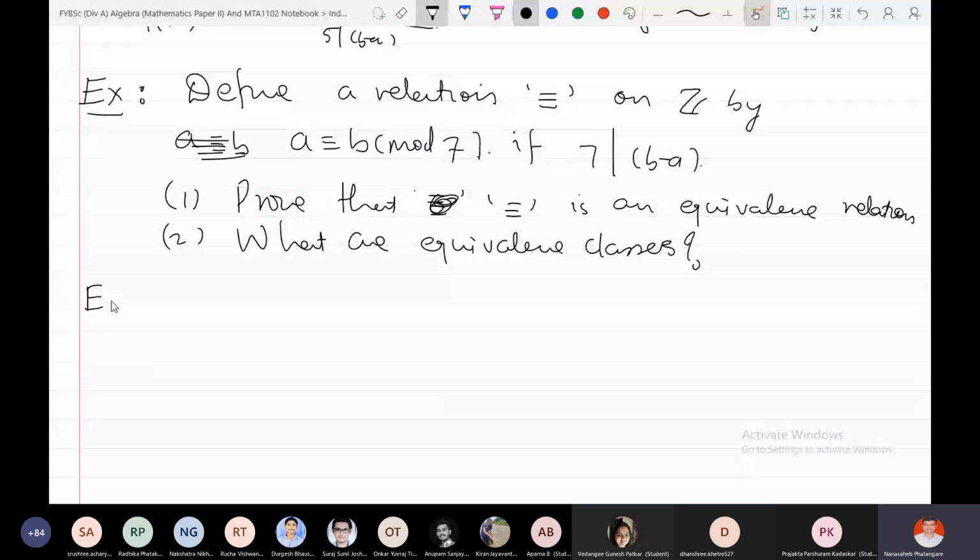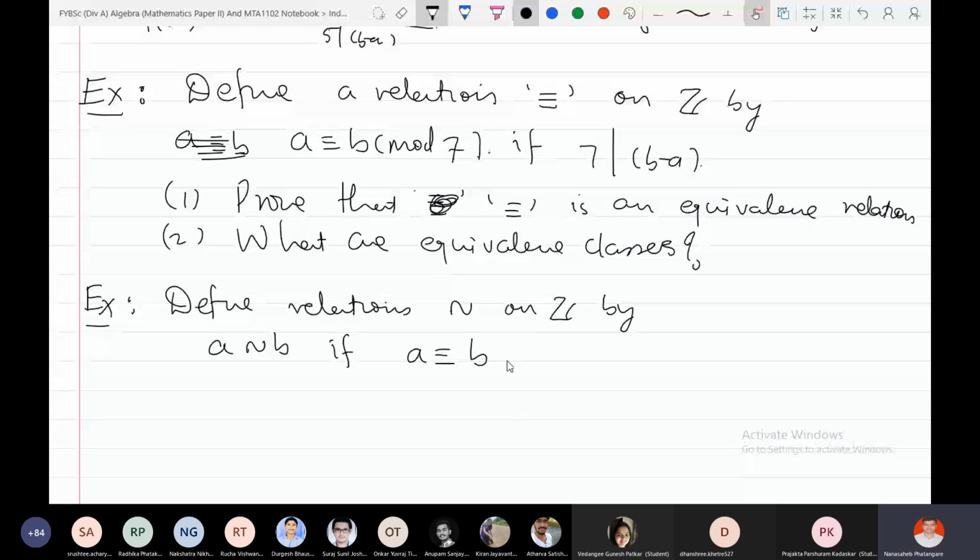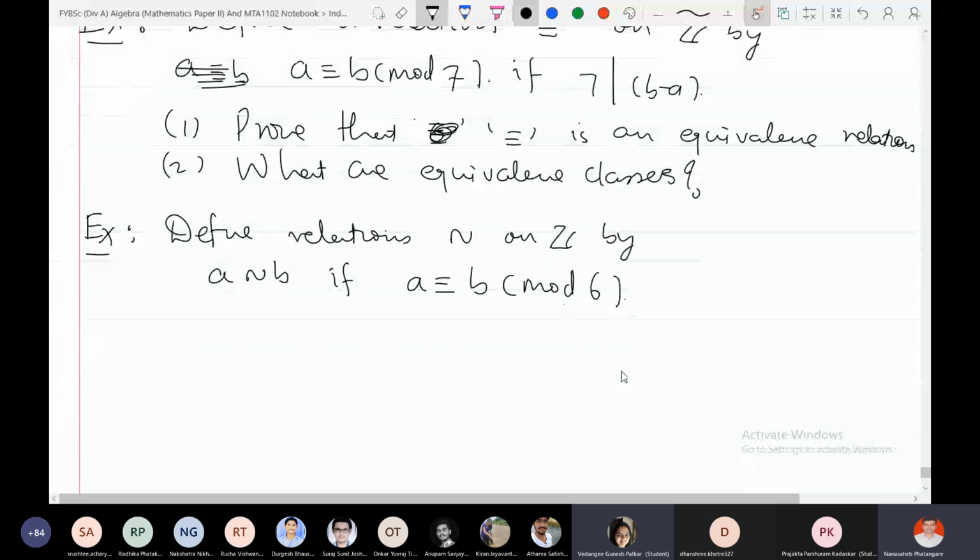Now I will give you one more problem. I will use some different words now. Define a relation tilde on Z by A related to B if A congruent to B modulo 6. Because now I understand that A congruent to B modulo 6 means 6 divides B minus A. Very good.